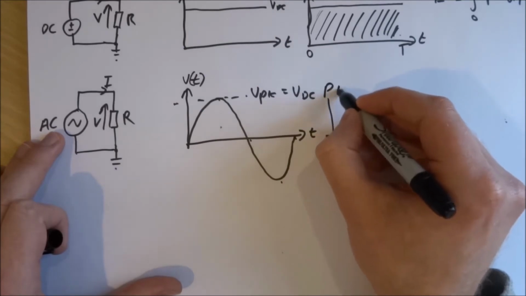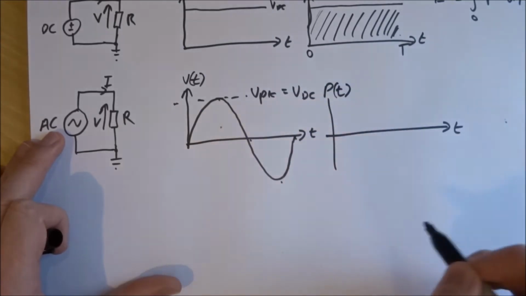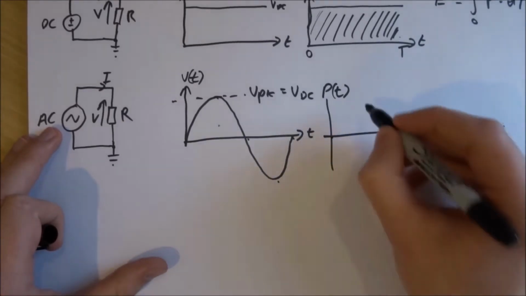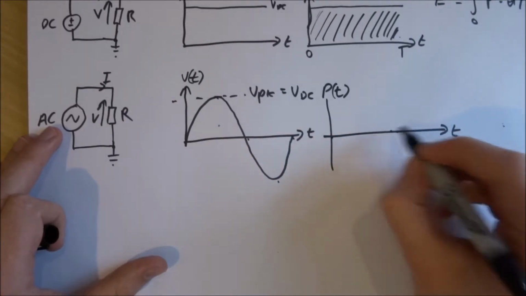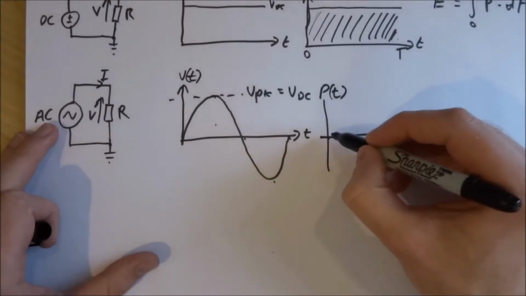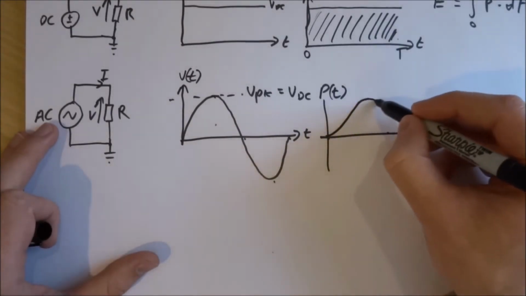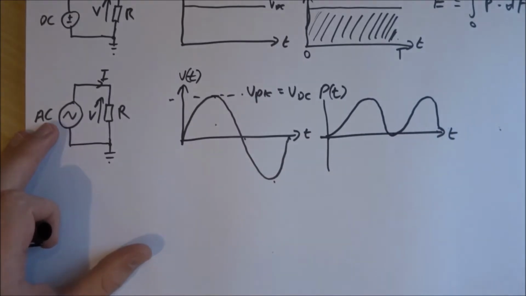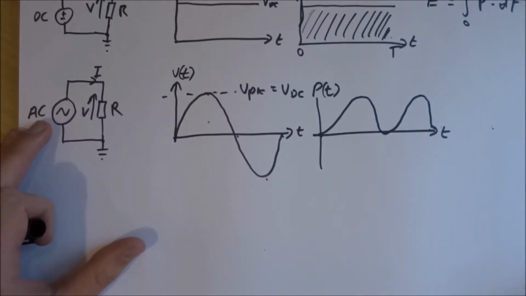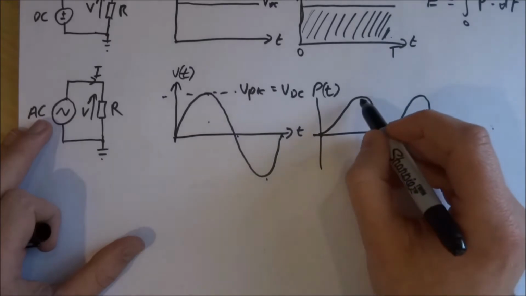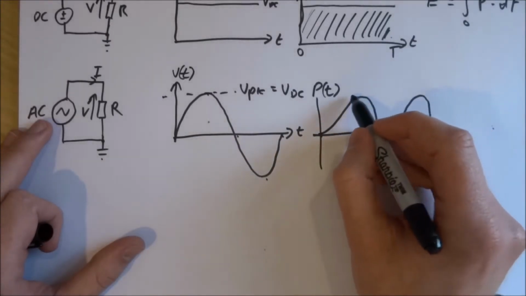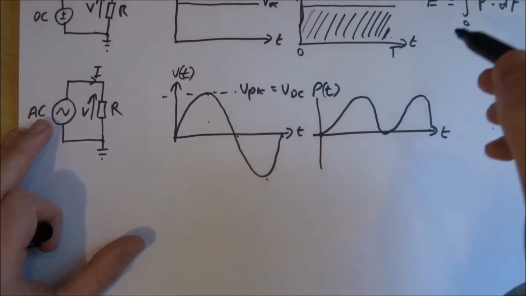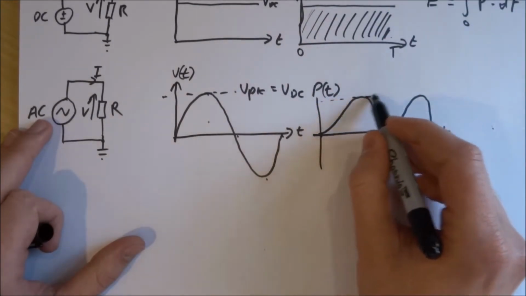So I draw P. This time is also a function of time, but the power waveform will look like this. Badly drawn, but basically it will look like that. The power being delivered to the load will be equal to the power being dissipated in the DC scenario only at the peak.